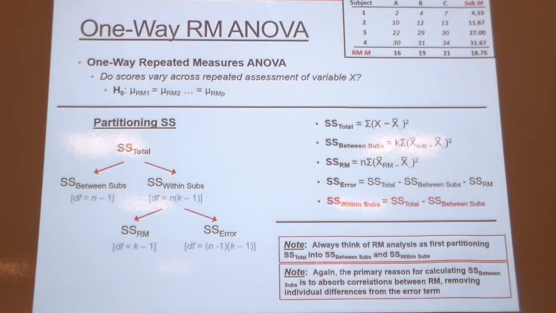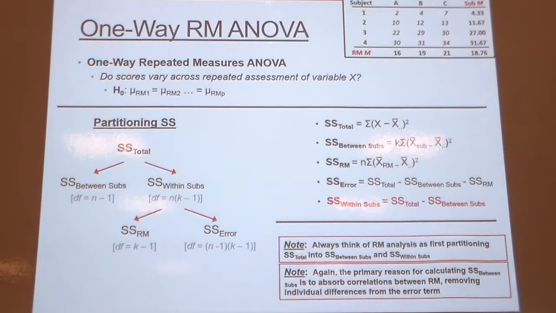So we've got the mean of our subject minus the grand mean, and we're going to square that. This subject's mean minus the grand mean, square that, and so on, and we're going to take that sum value and multiply it by the number of treatments we have, in this case 3, right? And what this is going to do is take our between subject stuff completely out.